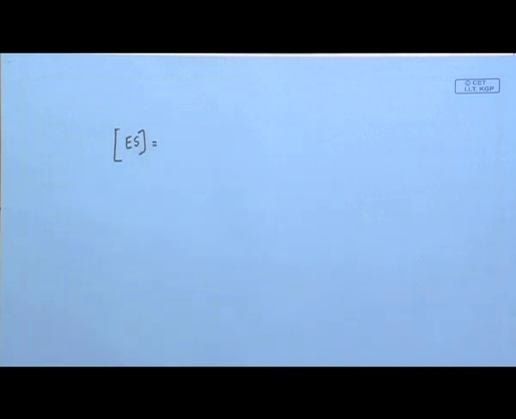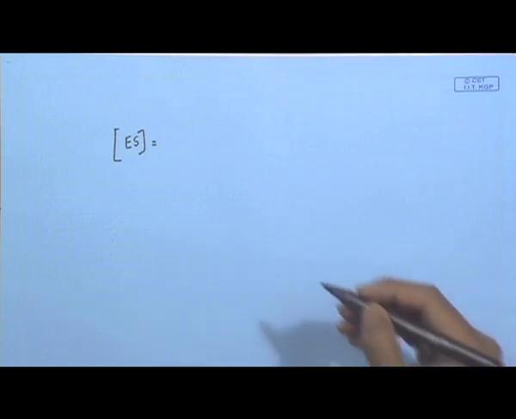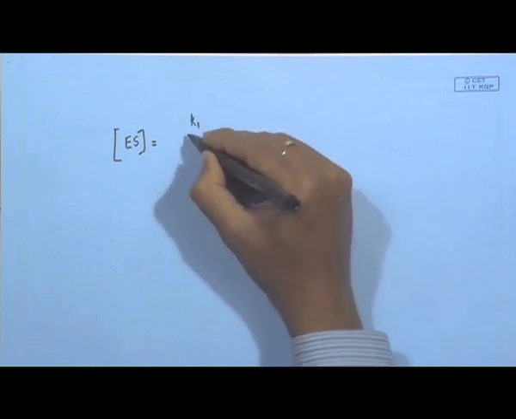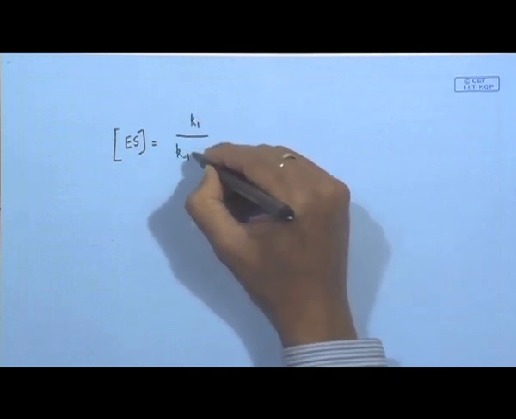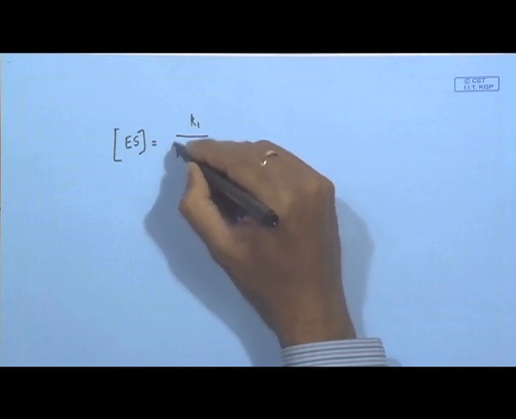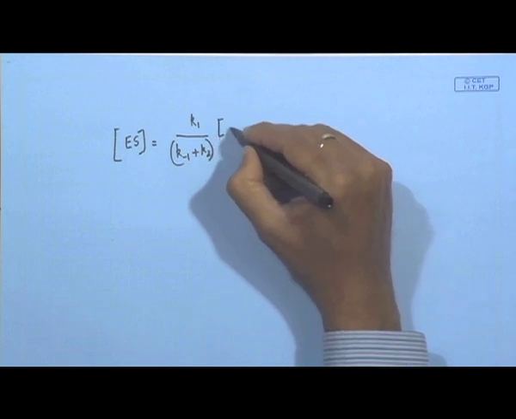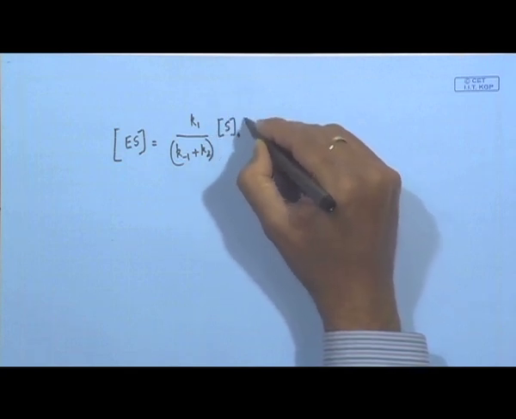Let us do the transposition. ES will be equal to K1 by K minus 1 plus K2, then S0 E0.